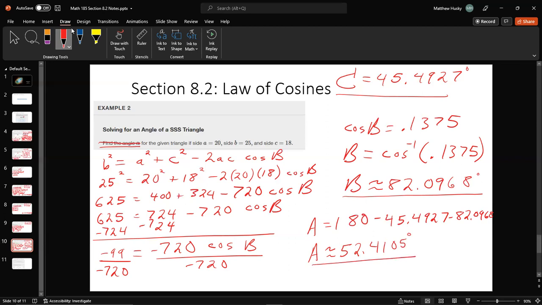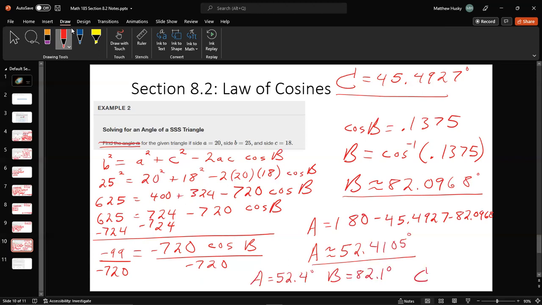There we go. So if you're going to round these off, A is going to be like 52.4 degrees. B is going to round up to 82.1 degrees.